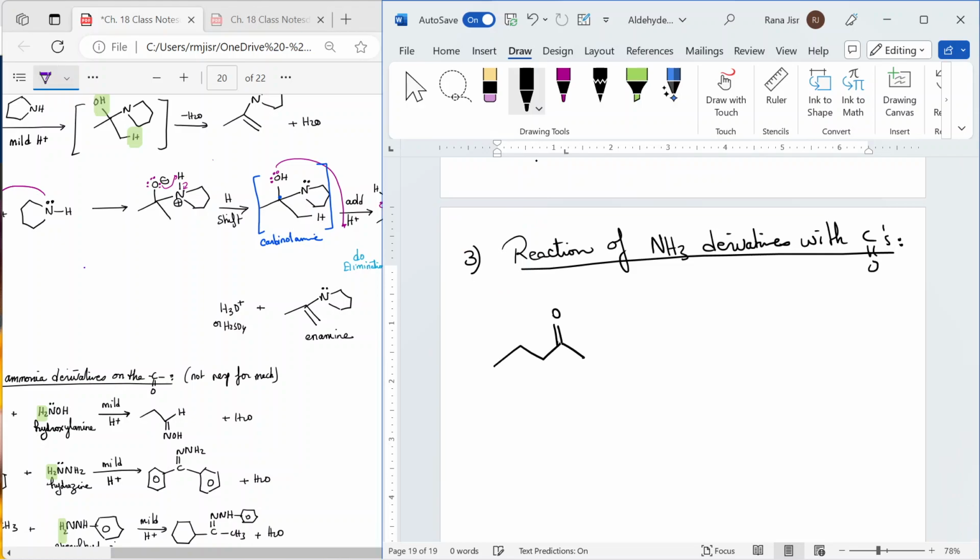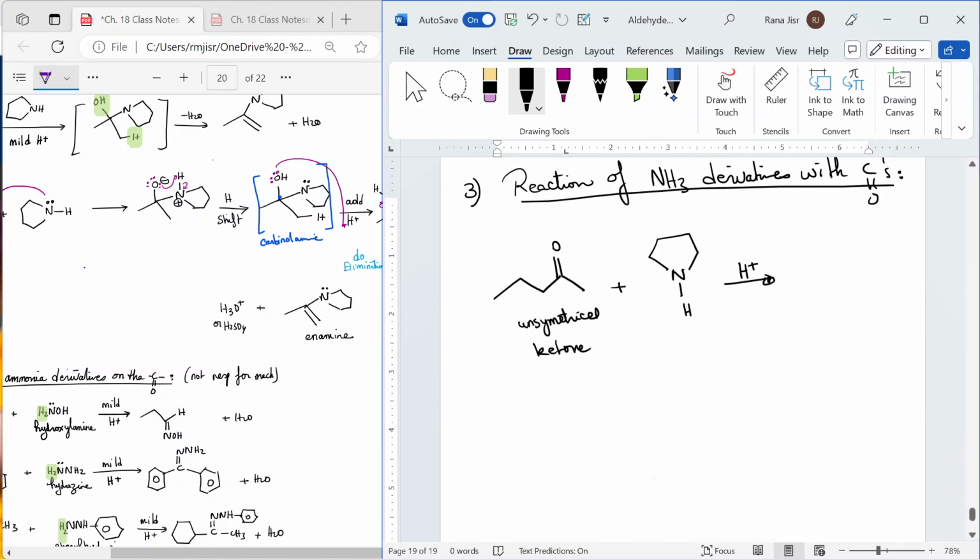So let's say I start with an unsymmetrical ketone, and I am reacting this with a secondary amine. It's very important to figure out what type of amine you are working with for these reactions so that you would know what type of product you are going to get.